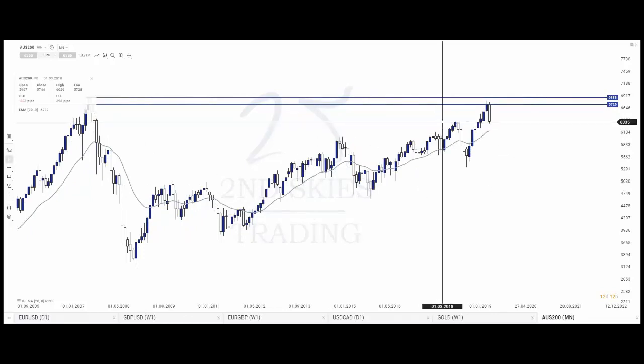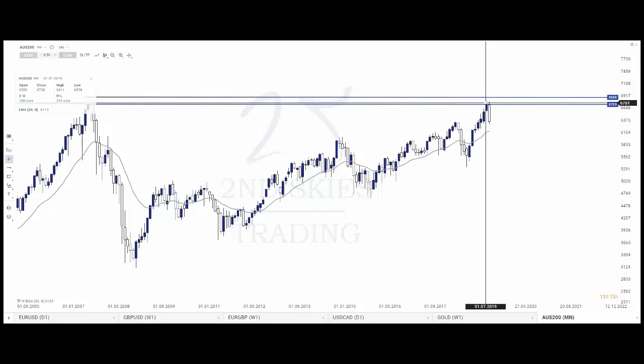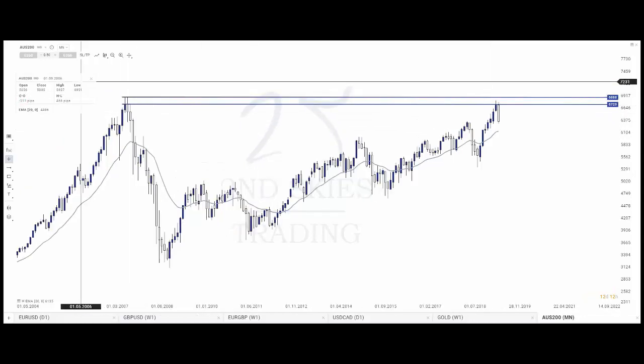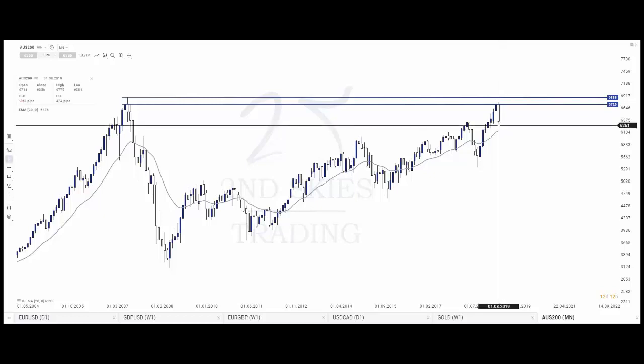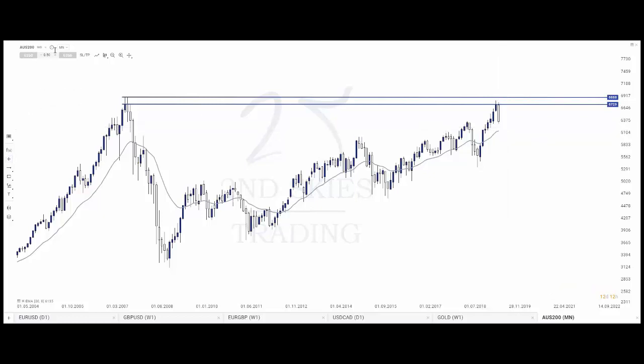And it is pulling back, again extended from the EMA into resistance. And it's pulling back towards its average. So looking for trading opportunities here.